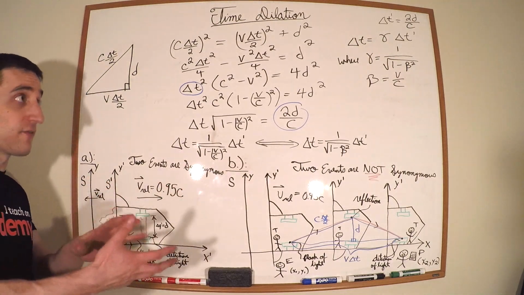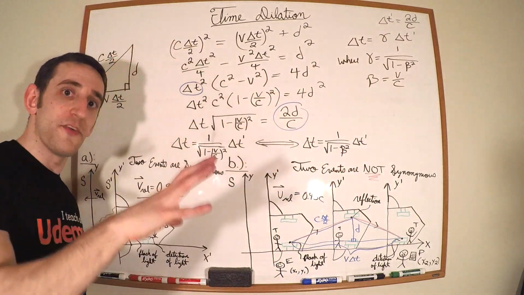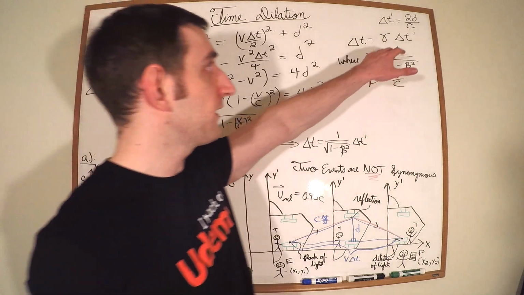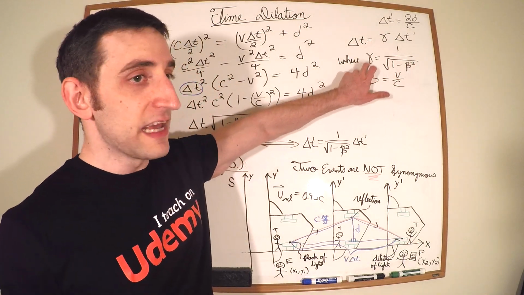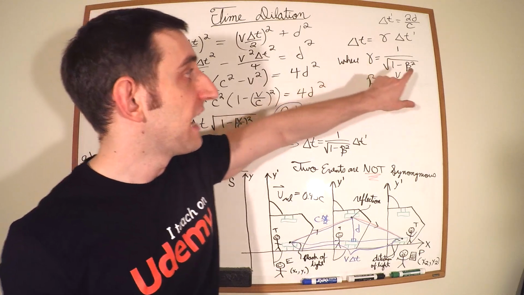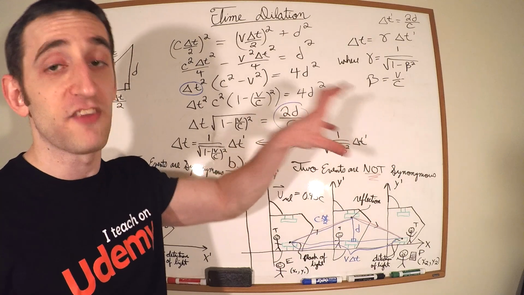The consequence that arises is that the flow of time is different for different observers, all right? And this factor here is the factor that determines how it's different, and it's a function of the speed of that reference frame, okay?